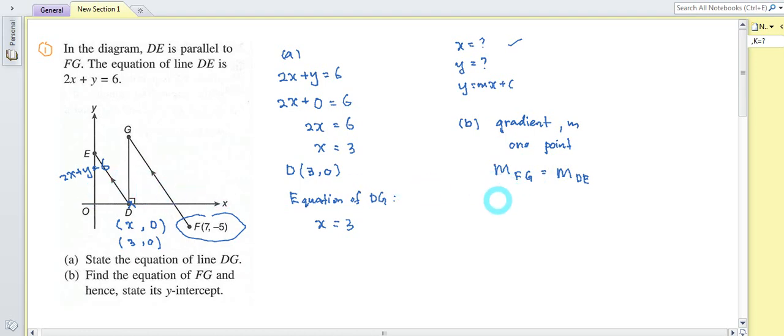Okay, so now I want to find the gradient of DE. I have the equation 2x plus y equal to 6. So I just rearrange the terms in the form y equal to mx plus c. y equal to negative 2x plus 6. Now I know the gradient is negative 2. So y is equal to negative 2x plus c.